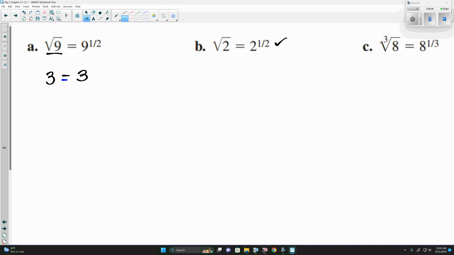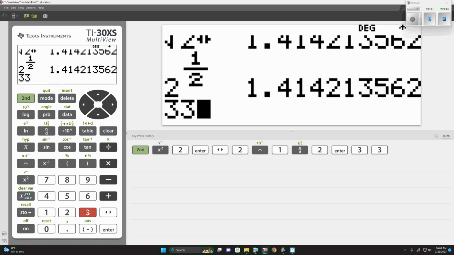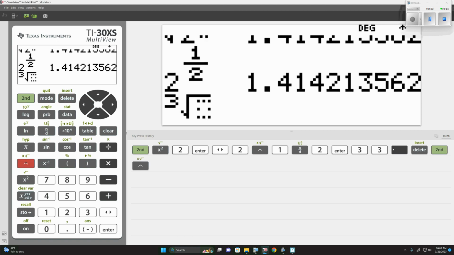So these here are indeed the exact same. And we can also look at the cubed root of 8 in our TI-30XS. We can do 3, second, root, 8, and we get 2.